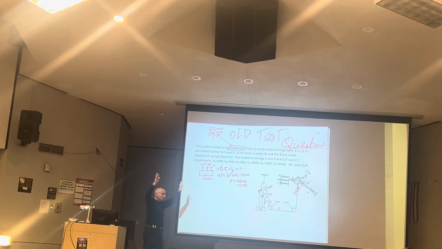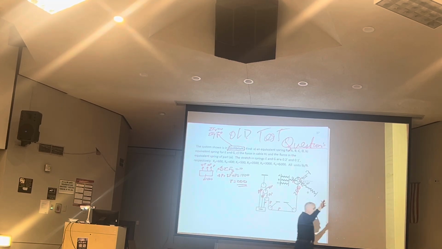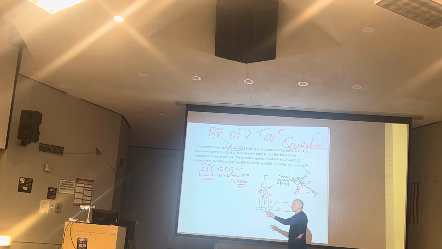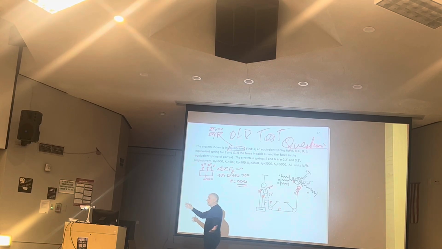Nirvana. You can hear the angels singing. Hey, springs in series, what do I know about their displacements? This is why you need to know the 3 facts about springs in parallel and springs in series. What do I know about springs that are in series about their displacements?